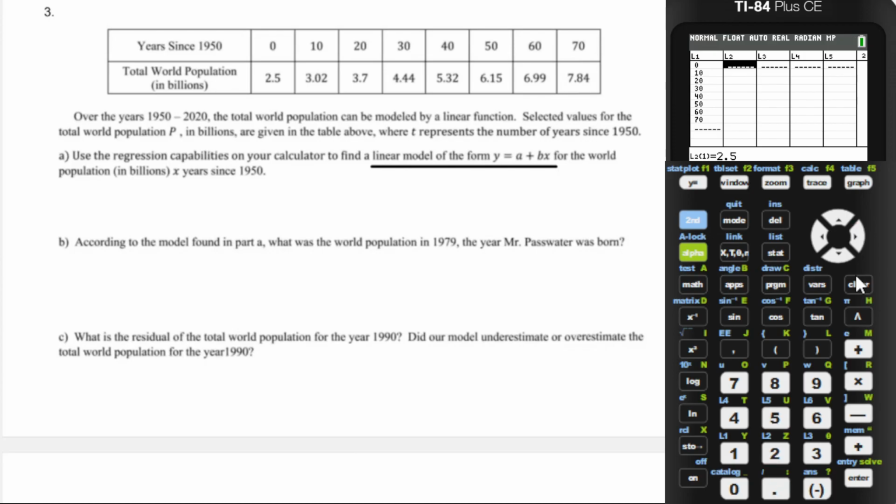Okay, 2.5, 3.02, 3.7, 4.44, 5.32, 6.15, and 7.84. Again, I missed one. 3.02, 3.7, 4.44, 5.32, 6.15, 6.99, and 7.84.